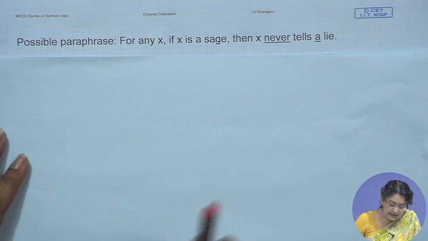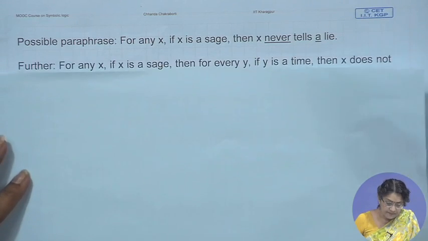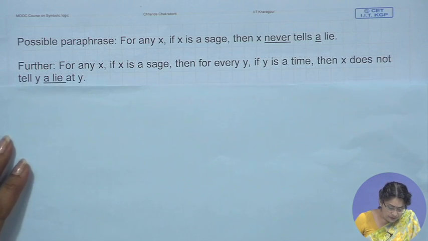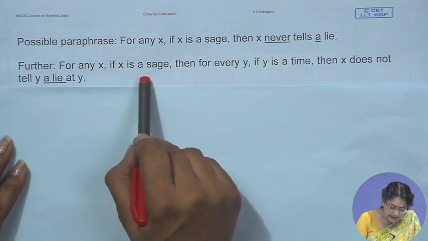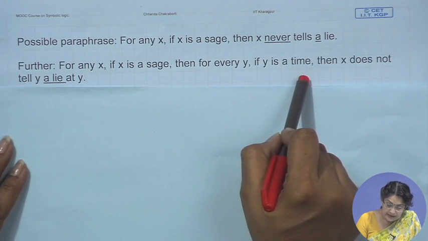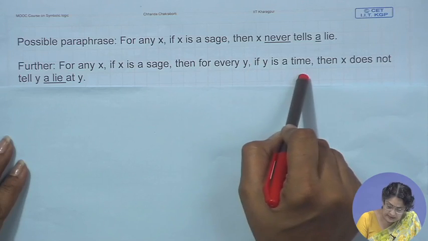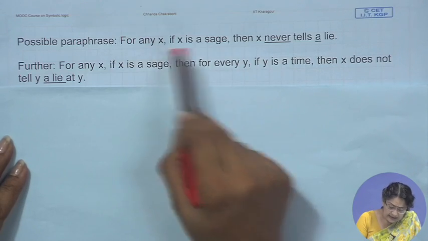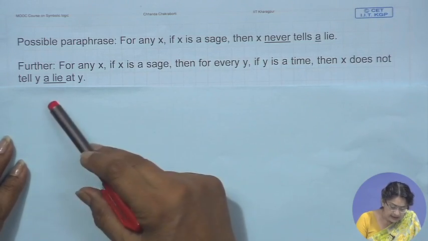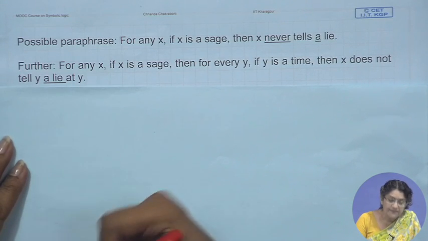So, for any x, if x is a sage, then x never, never means what? At no time. Okay. So then we go like this: for any x, if x is a sage, then for every y, if y is a time, then x does not tell a lie at y.